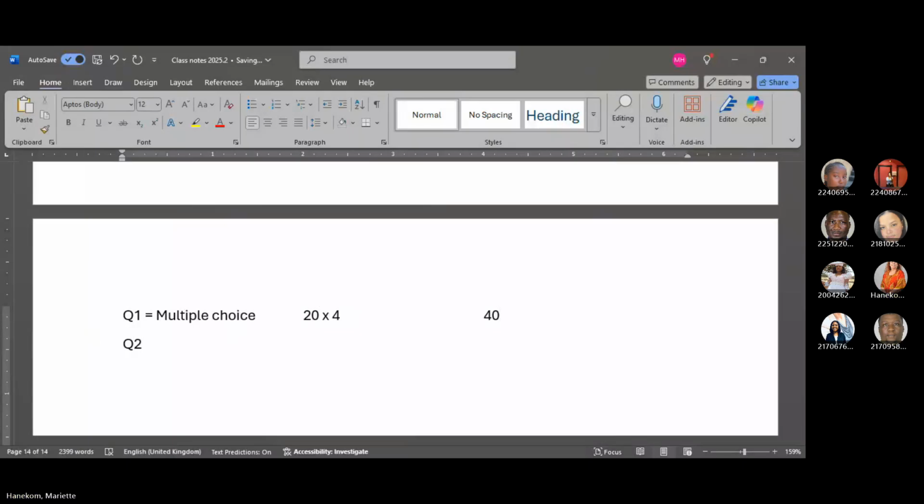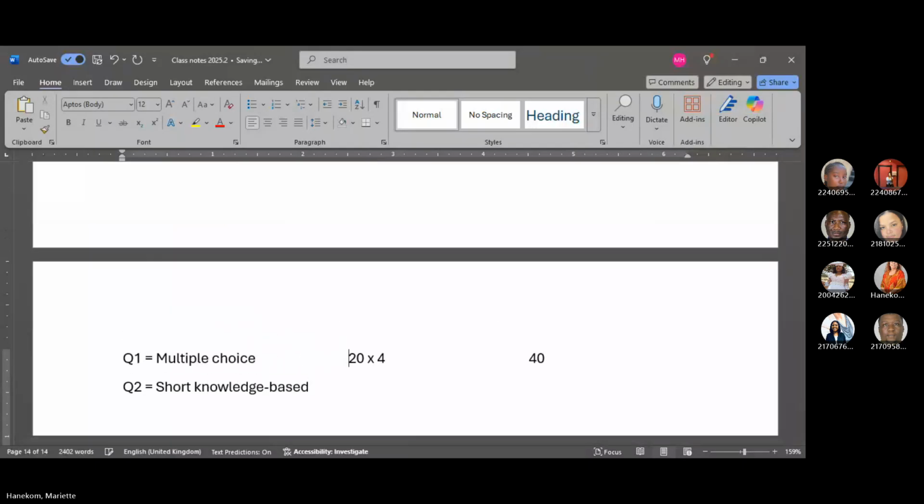Question two. This exam is very much typical to the layout I normally use, also in tests. I have pretty much a standard format that I use for examinations. Question two is short knowledge-based questions, a variety of short questions for a total of 20 marks.